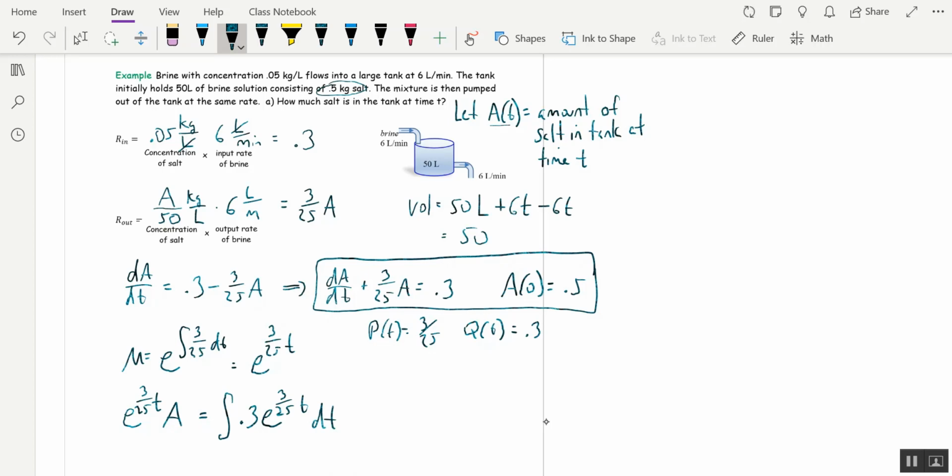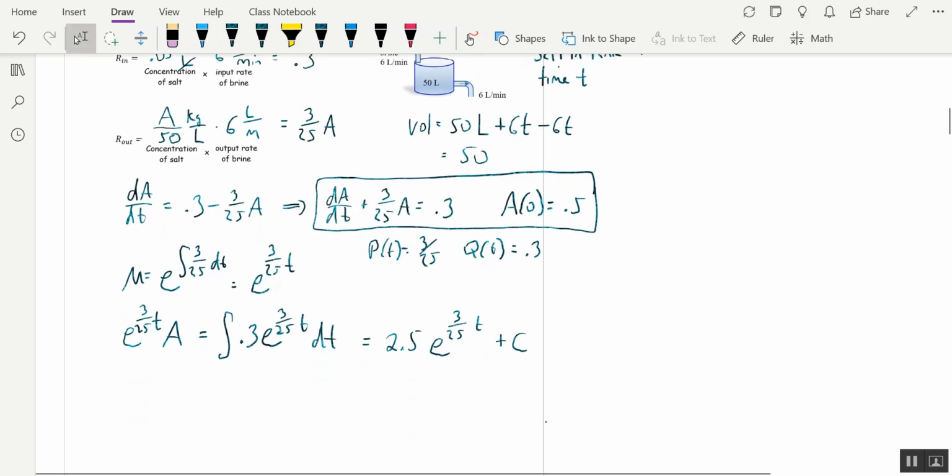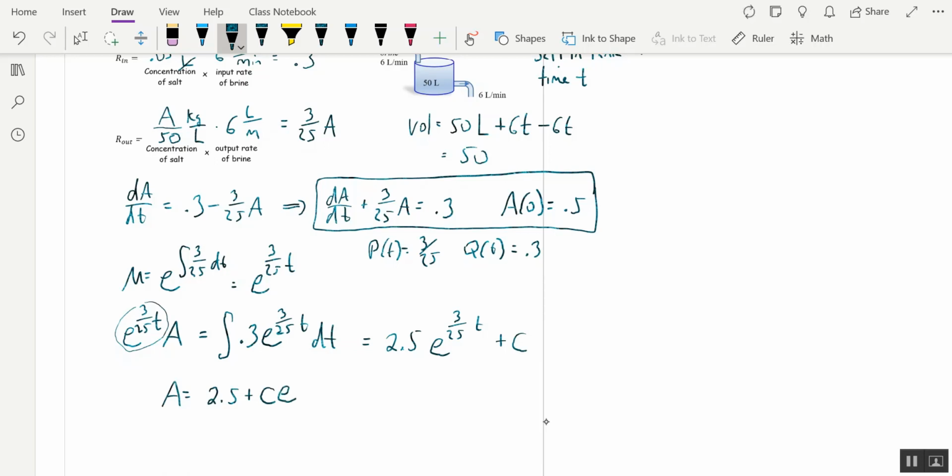Okay, well, when I integrate, that's 2.5 e to the 3/25 t plus a constant. Divide both sides by mu over here to get A equals 2.5 plus c e to the negative 3/25 t.